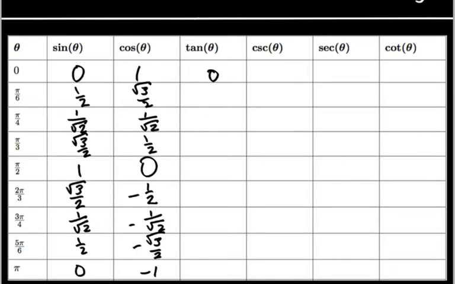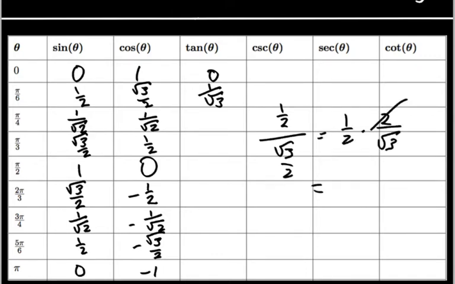Okay, so 1/2 divided by square root of 3 over 2. If you do that out, you'll get this. I'll just show you. So that's very easy to do. Don't overcomplicate it. It's literally just fraction over fraction. Multiply the numerator by the reciprocal of the denominator.